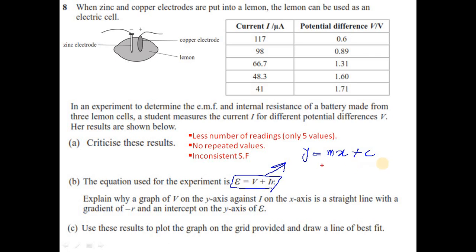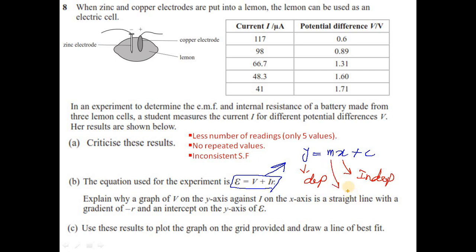So what is the arrangement of this equation? After the equal sign, on the left-hand side we must have the dependent variable, and after the equal sign we must have the independent variable with some coefficient.